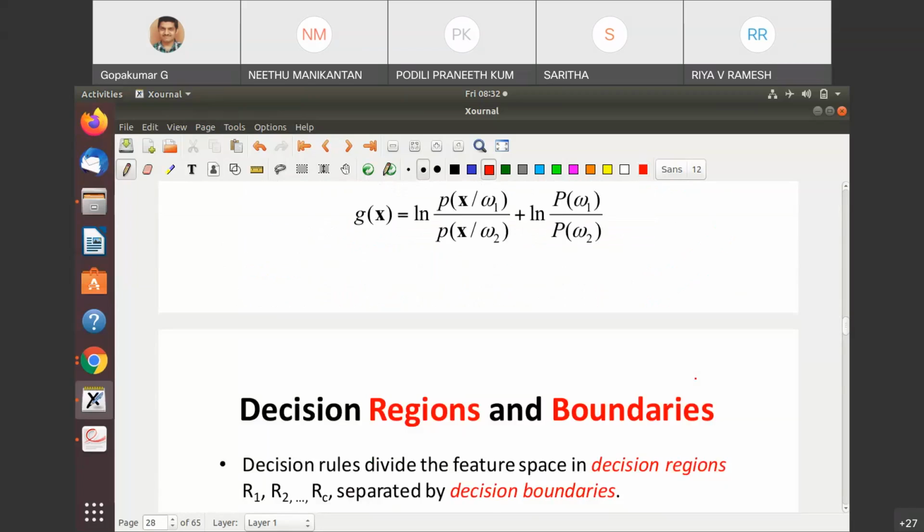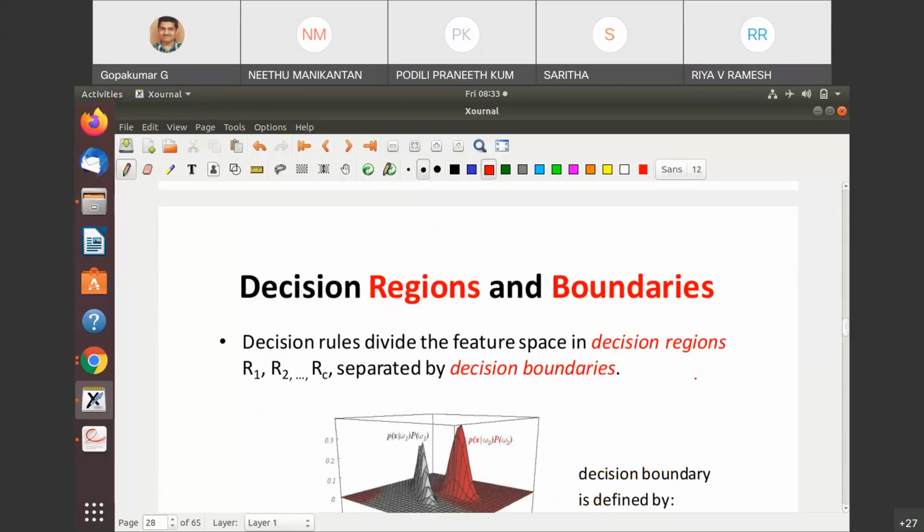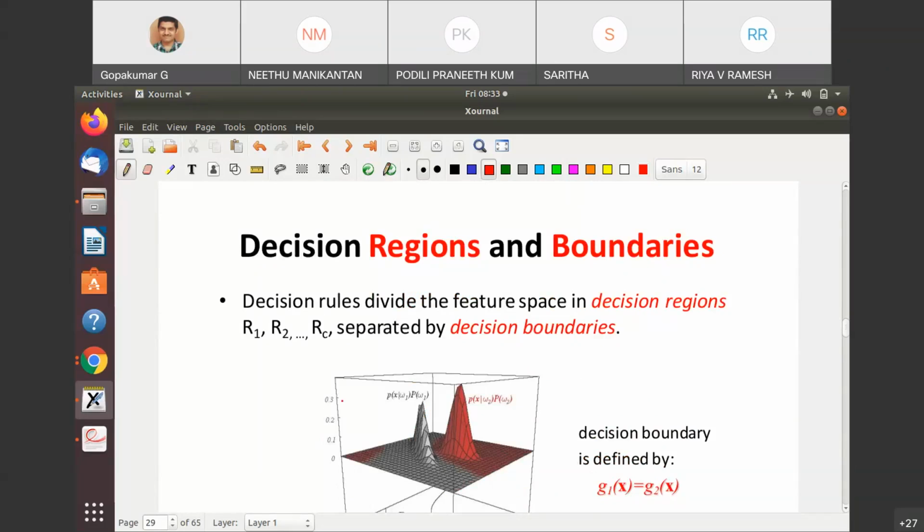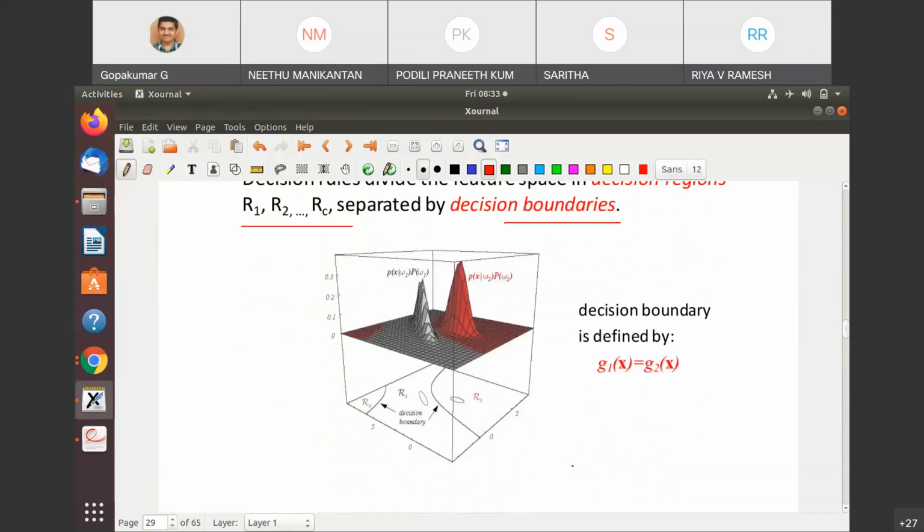Okay, these are decision regions and boundaries. There can be R1, R2, etc., up to RC, C number of decision regions, and they are separated by the decision boundaries. And one more thing: when you consider a decision boundary between G1 of x and G2 of x, on that decision boundary G1 of x will be equal to G2 of x.